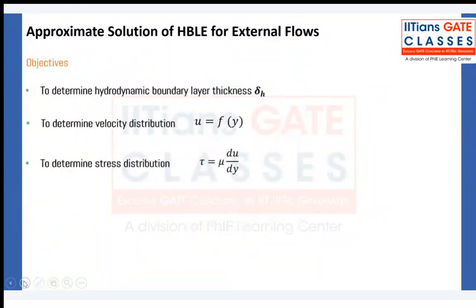Now, what is the objective? We are solving the hydrodynamic boundary layer equation. So the first objective is to determine the hydrodynamic boundary layer thickness. Then to determine the velocity distribution or velocity gradient du by dy, how velocity is changing in y direction. Then we have to determine stress distribution, so we can determine tau by substituting this here.